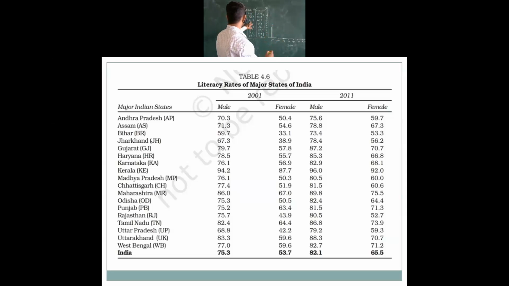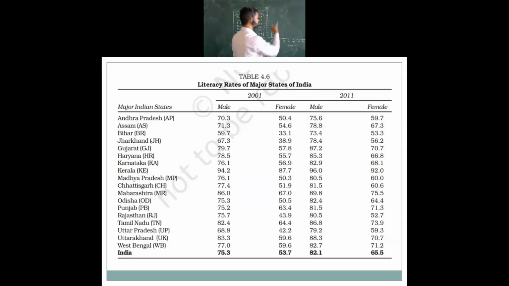In this way we can make the multiple bar diagram. Next, Haryana, 56%. 56 means somewhere here it will be. Then it went to 66. 66 means somewhere here. This is the multiple bar diagram.